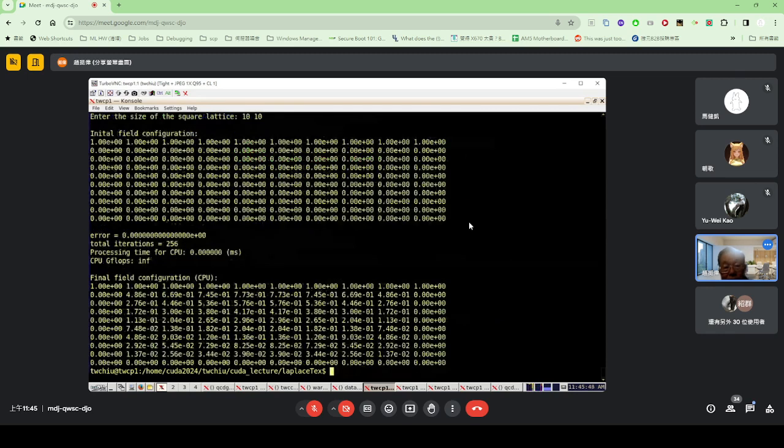You see? I'm just using the CPU of the T12 CPU1, the head node of this GPU cluster.